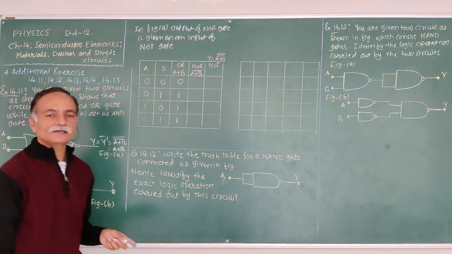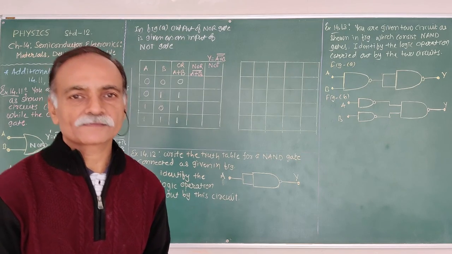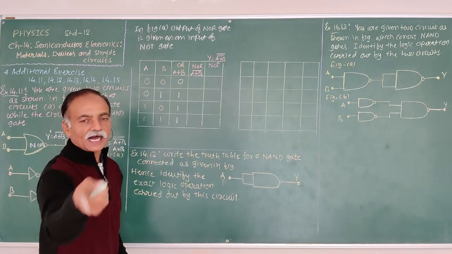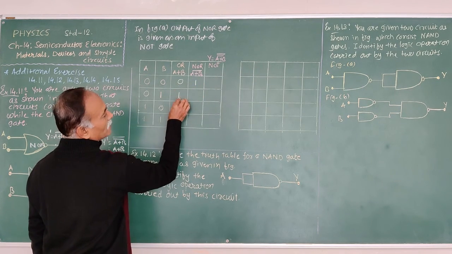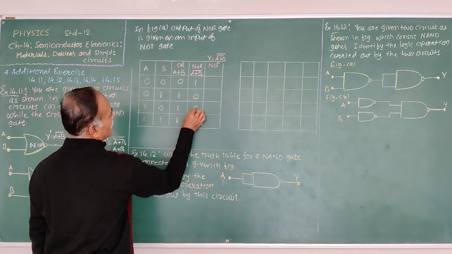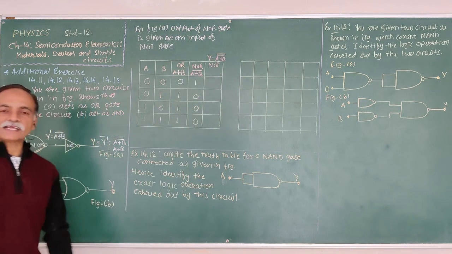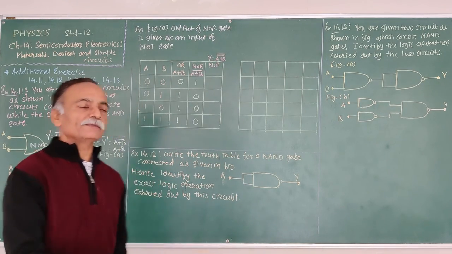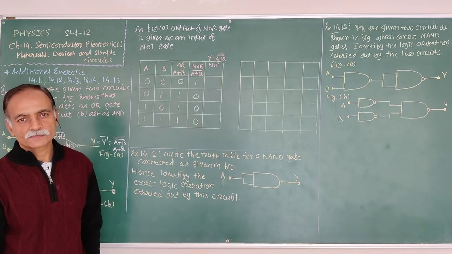NOR is obtained by connecting the output of the OR gate to the NOT gate. Therefore, the inverted output of the OR gate is the output of the NOR gate. Therefore 0 becomes 1, and 1 becomes 0. The characteristic of the NOR gate is: if both inputs are 0, output is 1, otherwise 0.